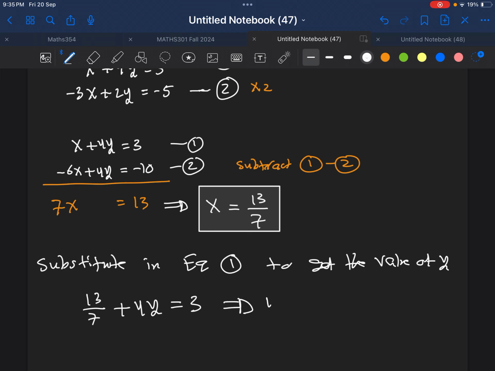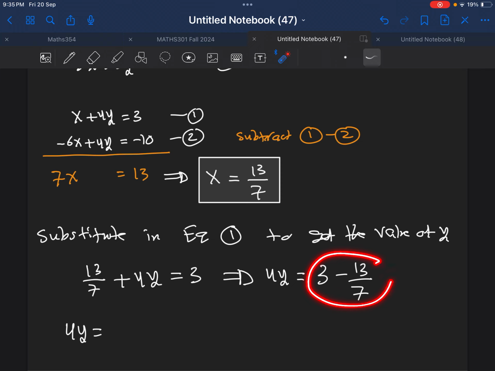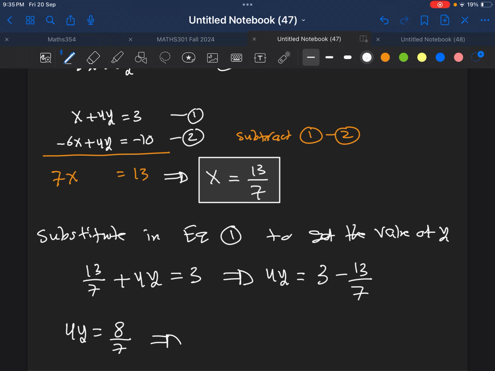Now we move everything to the other side, so you get 4y equal to 3 minus 13 over 7. That means 4y equals, if you simplify this, 8 over 7. So finally, we get the value for y. If we divide everything by 4, y is 2 over 7.